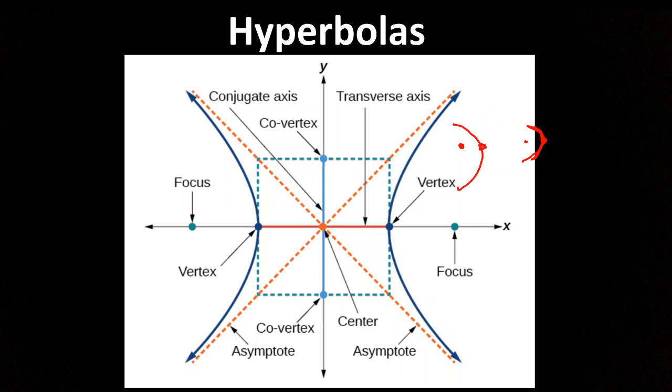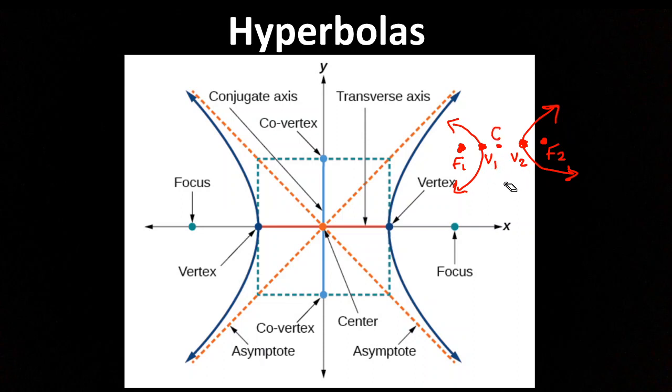Now this would be vertex, this would be focus, and the same over here. I'm going to change the direction. Now erase that. This is going to be focus, and this is going to be a vertex, and this is the center. So that's a hyperbola. So hyperbola has actually two foci, like an ellipse, right? So this is focus number 1, focus number 2, and it has two vertices, vertex number 1 and 2, and this is the center.